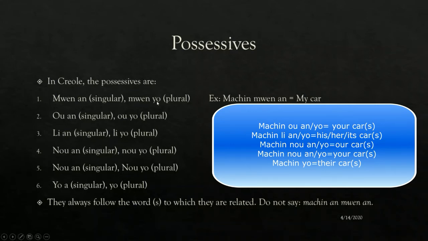You will see what I mean. They add the article after the moi, ou, li, no, no. You're going to see later what they are, and they just add it. It's like an article, but it marks the singular.